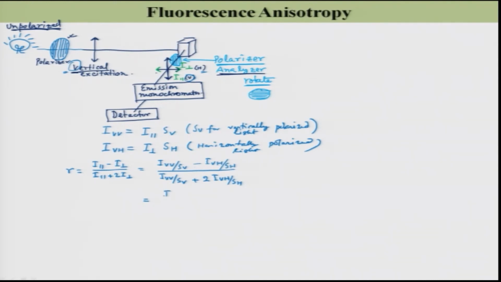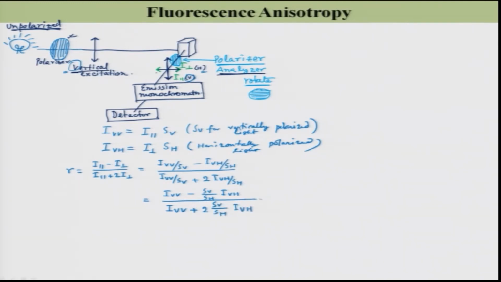Simply it will be I VV minus SV by SH into I VH, divided by I VV plus 2 SV by SH into I VH.